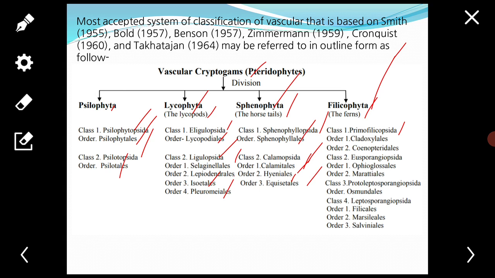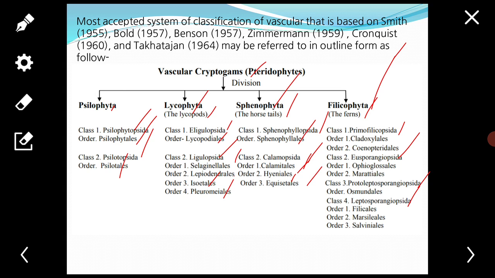Class 1 Primofilicopsida, class 2, that is Eusporangiopsida, class 3, that is Protoleptosporangiopsida, class 4, that is Leptosporangiopsida.